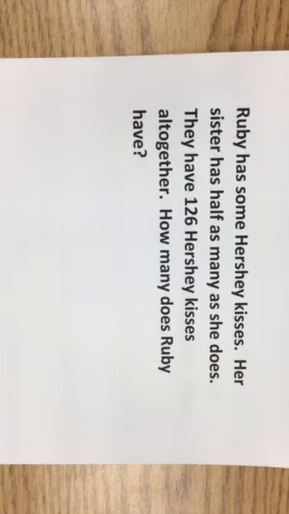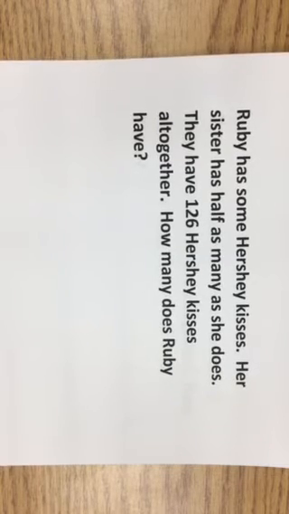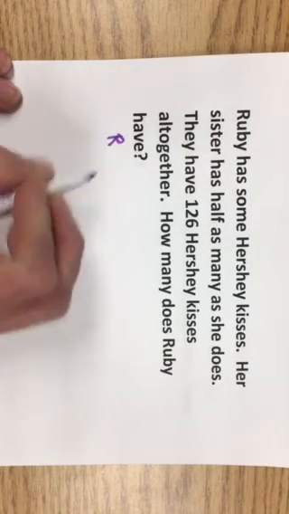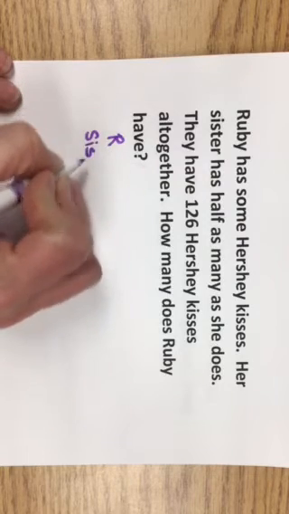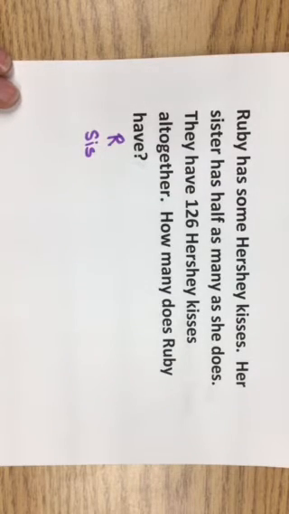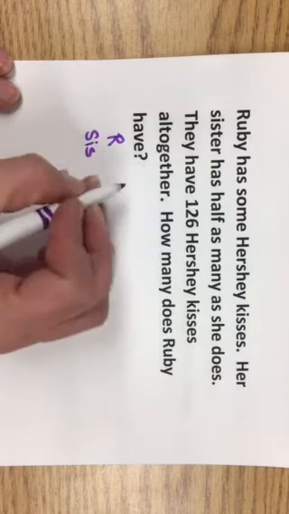Well, in class, we've been doing this with some bar modeling because I think it gives a really excellent visualization. So what we would do is we'd start with Ruby, and I'm going to identify Ruby by an R. Her sister, we'll write down sister. So in this case, I like to draw 2 separate bar models to represent each person.